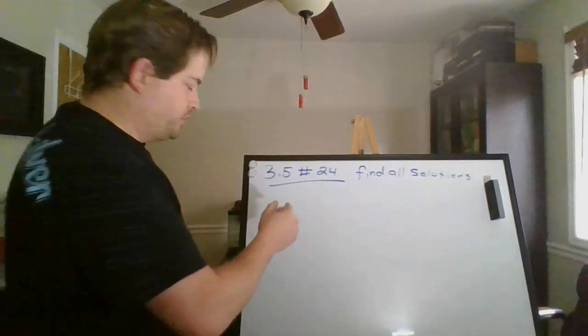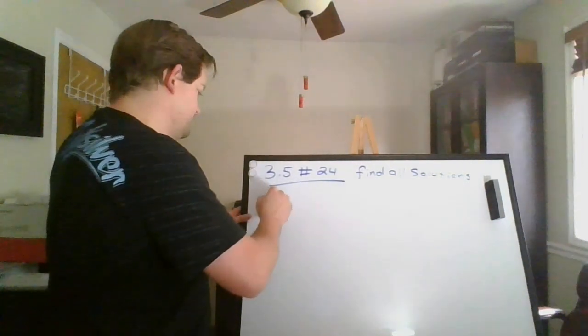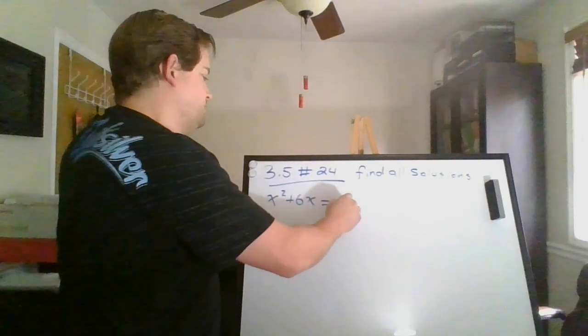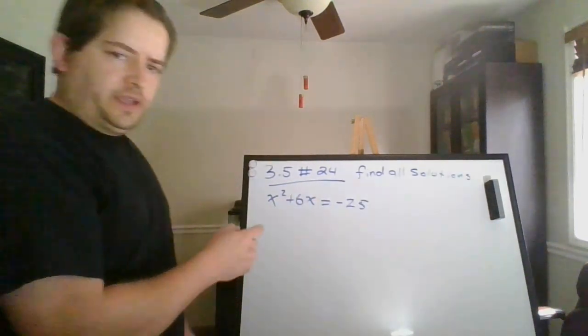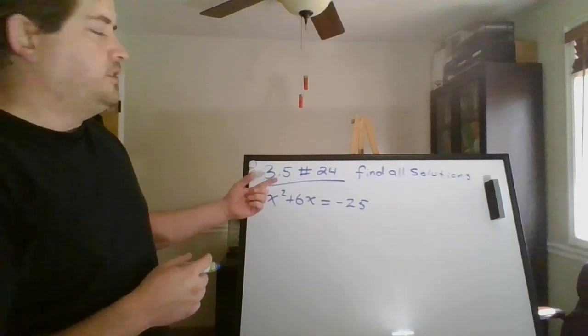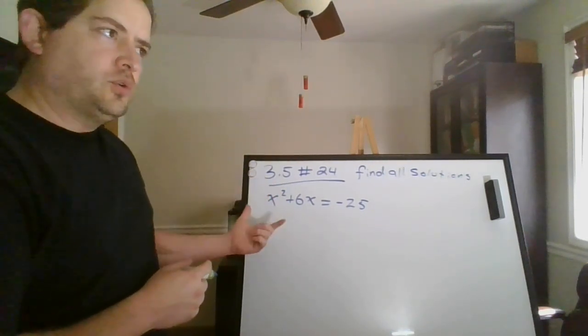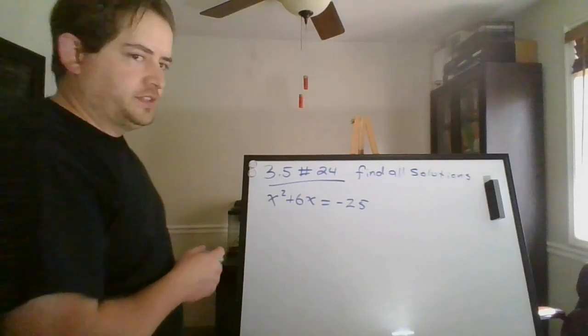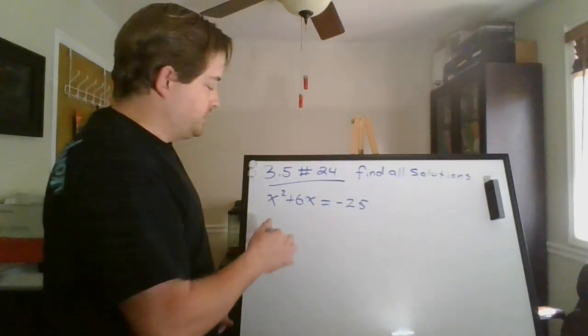And that was x squared plus 6x equals negative 25. There's a few ways that you can do this. If you wanted to, you could add the 25 to the left and use a quadratic formula, or you can complete the square. It's already kind of set up to complete the square, so that's what I'm going to do.